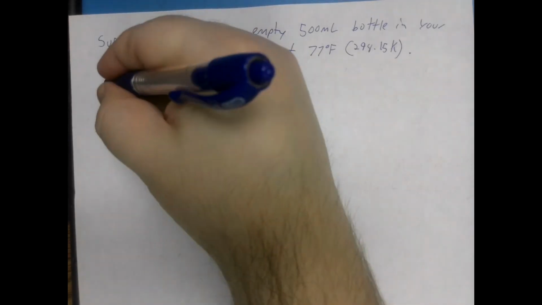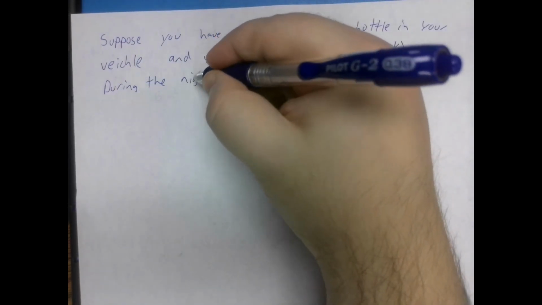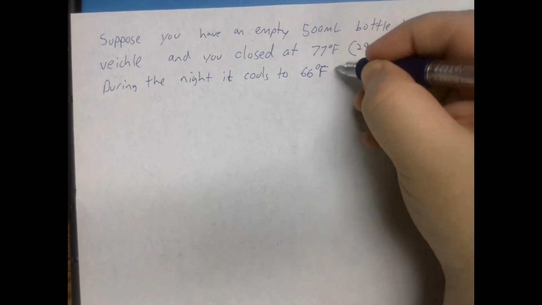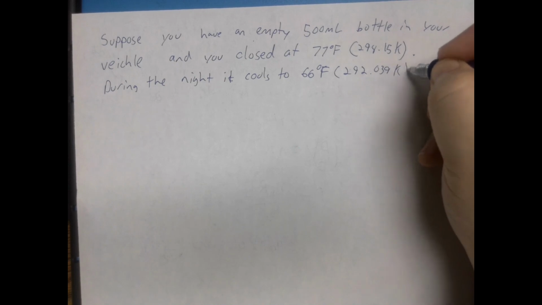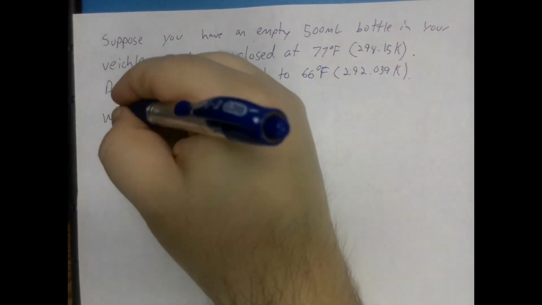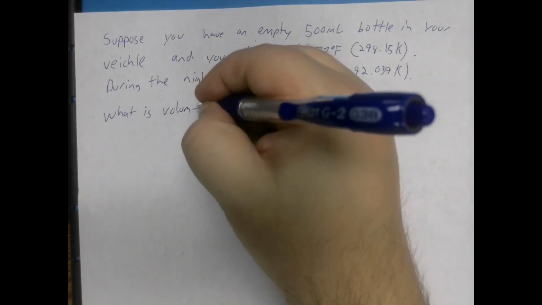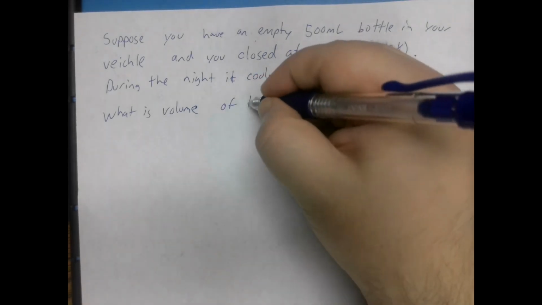So during the night, it cools to 66 degrees Fahrenheit, which is the same thing as 292.039 Kelvin. What is the volume of the water bottle?